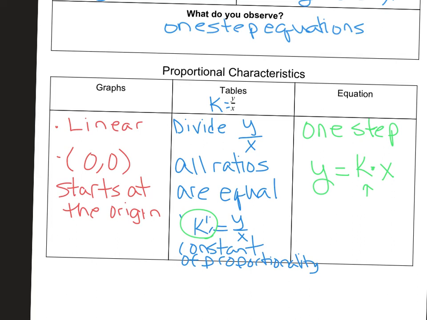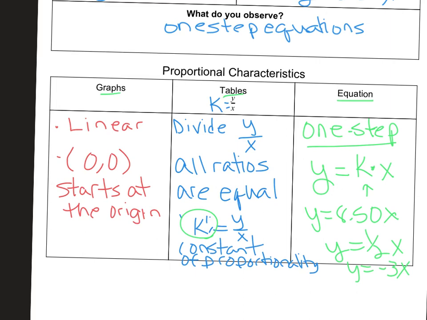So when they're multiplying by one particular rate, like $8.50 per t-shirt that we looked at, right? Or y equals 1/2 x, y equals negative 3x, okay? Any of those are good examples that you have a one-step equation, one operation, and that means you're dealing with a linear proportional situation. These are the characteristics I need you to keep in mind.